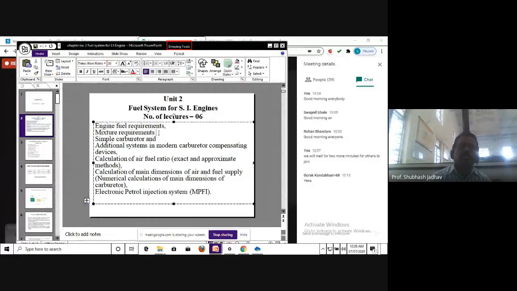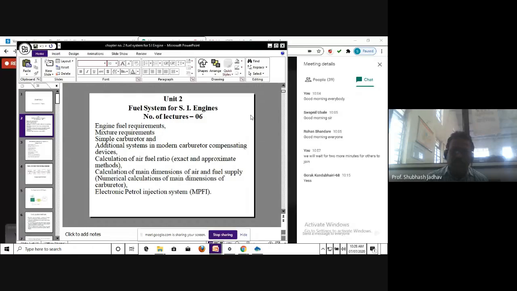Then the mixture requirements. Here we will be discussing what the requirements of a mixture are, because in an SI engine, you know that we are preparing the air fuel mixture outside the engine, and then we are supplying it to the engine.